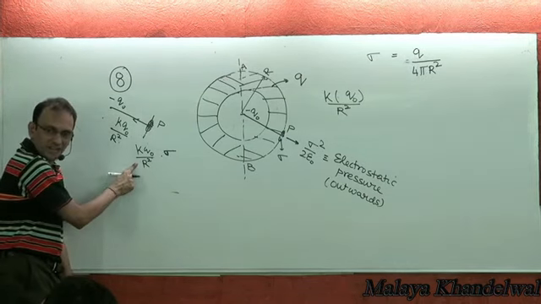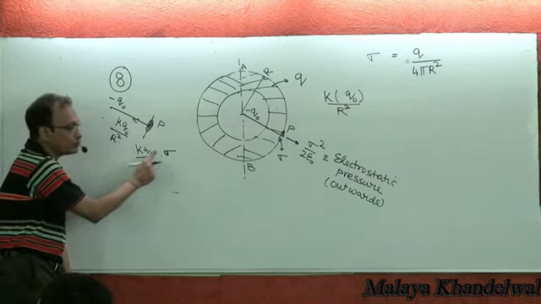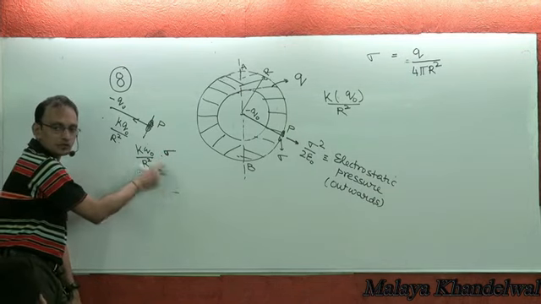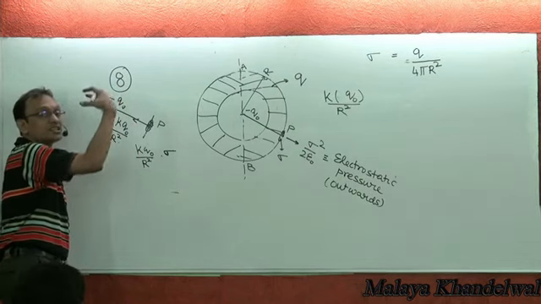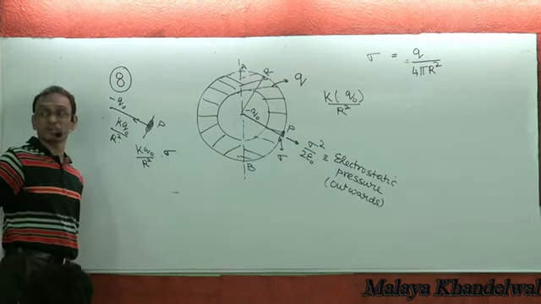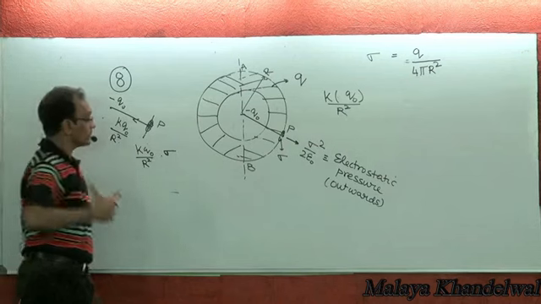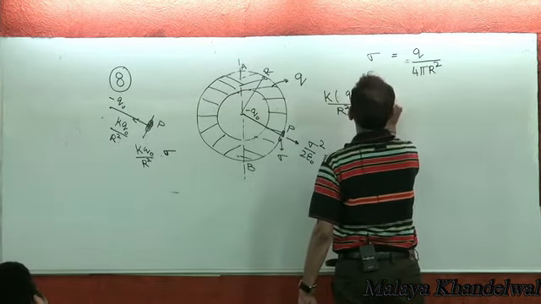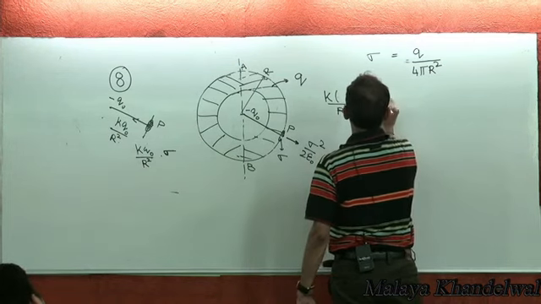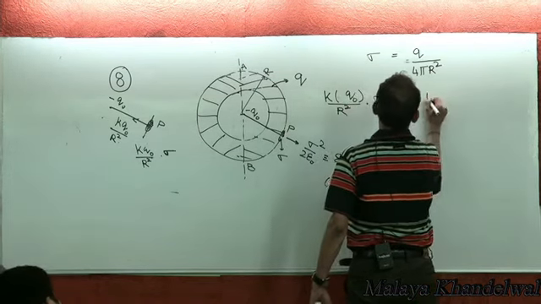So this is electrostatic pressure inwards, right? So this KQ naught by R squared into sigma will give me the inward electrostatic pressure.